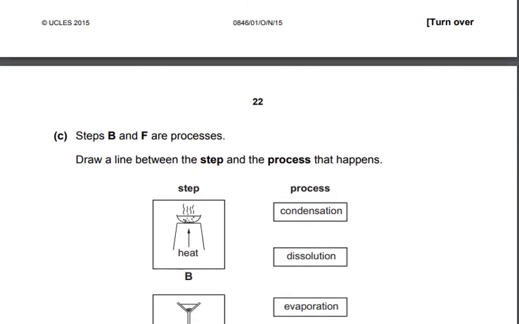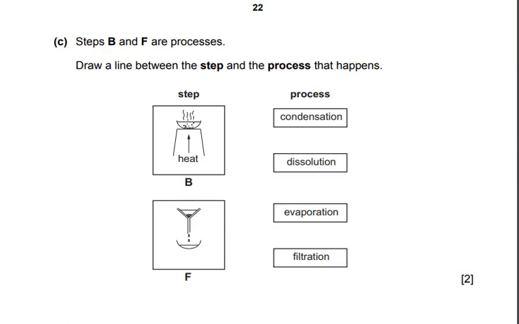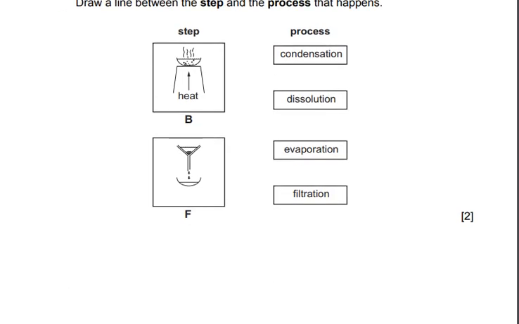Next page. Question C. Steps B and F are processes. Draw a line between the step and the process that happens. So here, step B. We need to know what step B is. Is it condensation, dissolution, evaporation, or filtration? Here in step B, we have boiling.